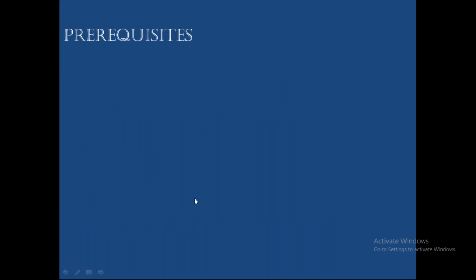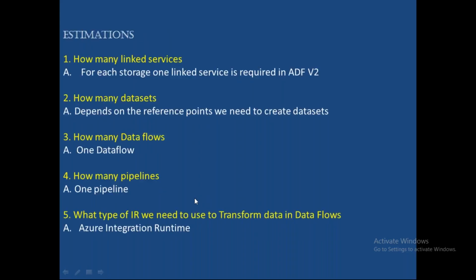Because Azure integration runtime is going to dispatch the job to the Spark cluster. The Spark cluster is going to execute your Spark code. Don't confuse Azure integration runtime and Spark cluster. Azure integration runtime is a compute infrastructure within Azure Data Factory.